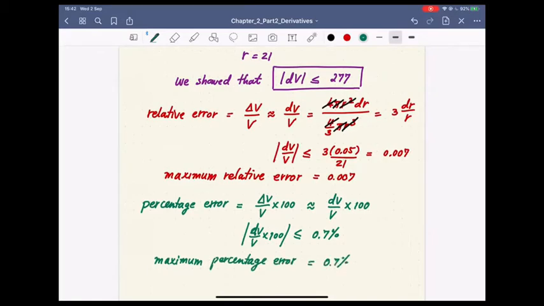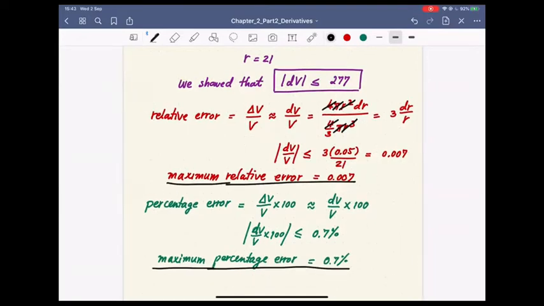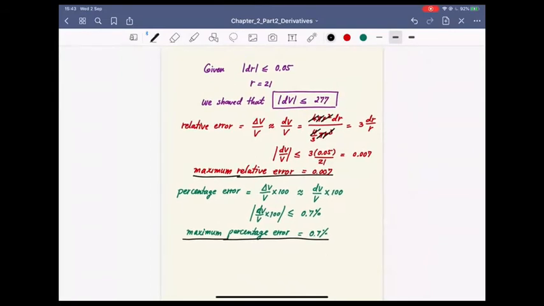It's just another term that we use to describe the error. They can ask you to find the error, which is just dV, or they can ask you to find the relative error or percentage error. So let's do one more example, and that will be the end of this chapter, and then we are going to wrap up what we just learned.